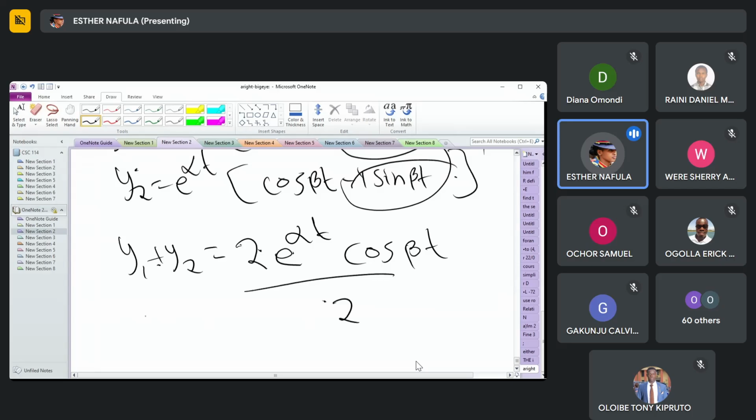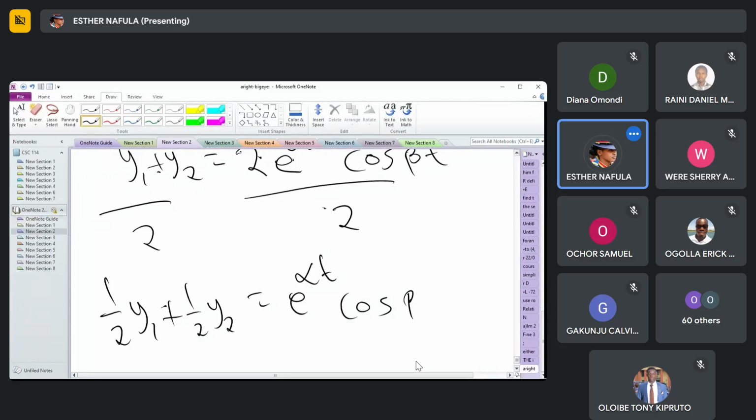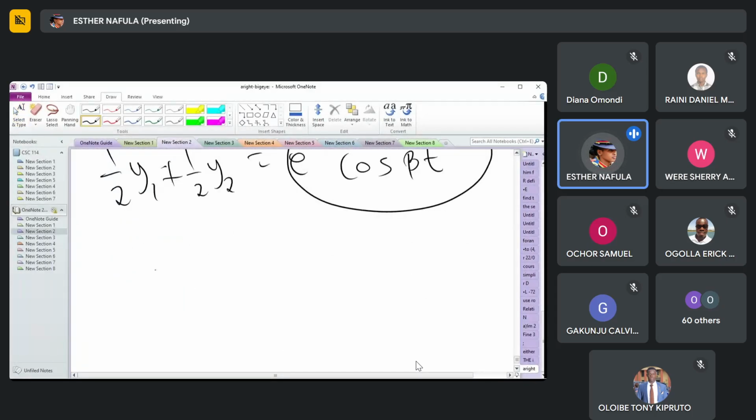Divide through by 2, and you have a half y1 plus a half y2 equals e to the alpha t cos beta t. You take this as your first real solution. If you subtract the two, then you have y1 minus y2.